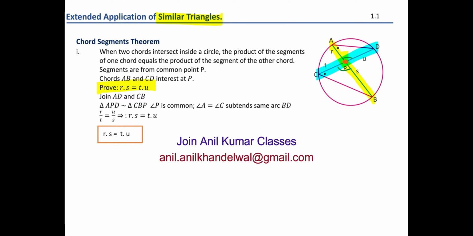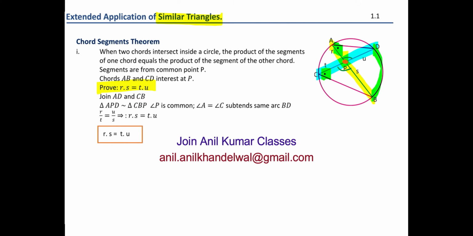And second, we notice that the angles at A and C include a common arc, D to B, and therefore angle A is equal to angle C. So from the AA property, the triangles are similar.